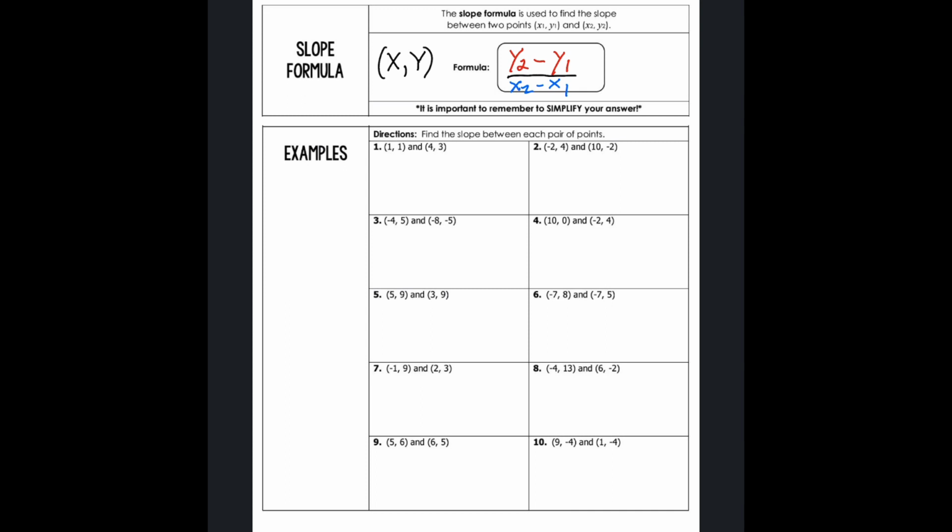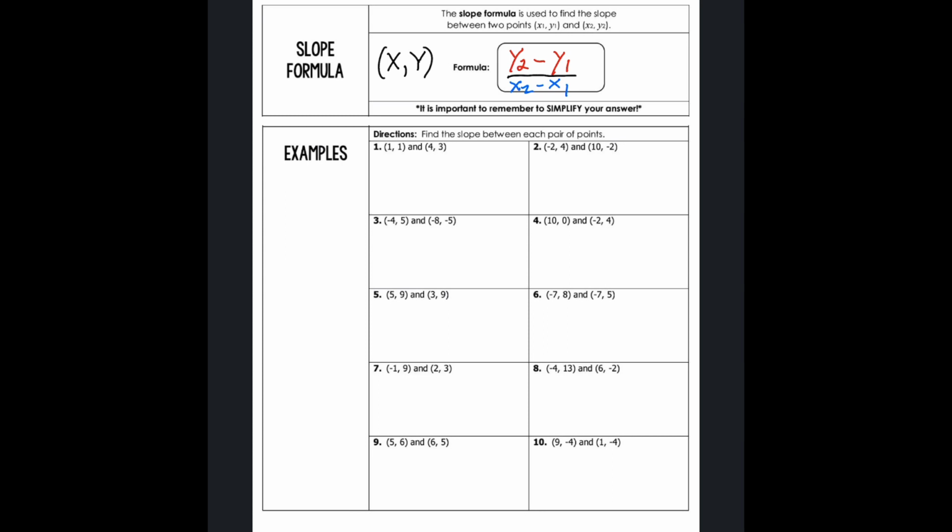So when we are going to plug numbers in to our slope formula, the first thing that we need to do is go through and label each and every point as either x1, y1, or x2, y2. We have to know what's what before we start plugging in.